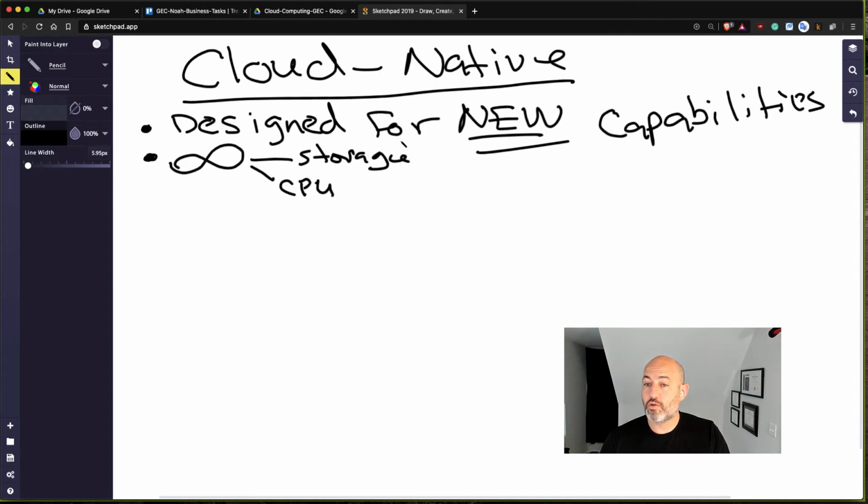And so that's a good question when you're thinking through how to solve a problem: is it cloud native? If we go back to that other example, is pandas cloud native? No. Pandas is designed to be a tool that has limited power. It's designed to work on your laptop.